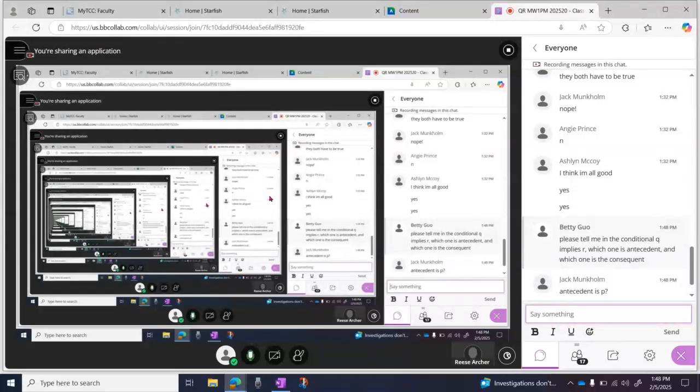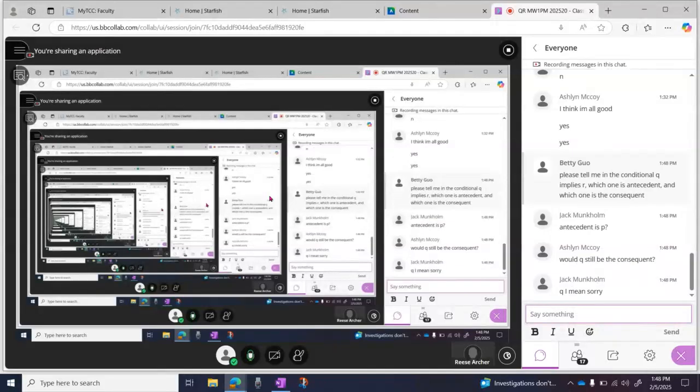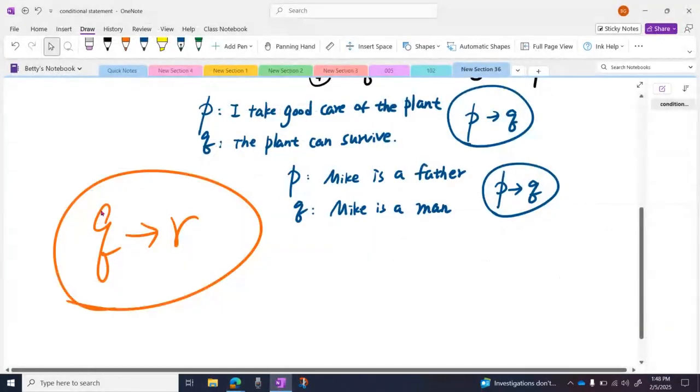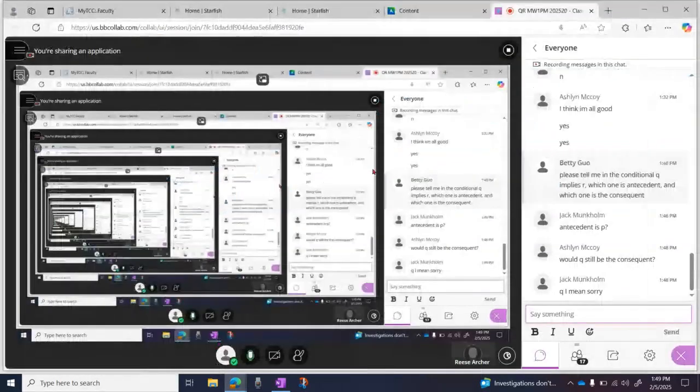No, so the conditional, yeah, thank you, Jack. The conditional I'm talking about is this one in the circle. Q implies R. I give you a conditional, which is symbolized as Q implies R. In Q implies R, which one is the antecedent, which one is the consequent?